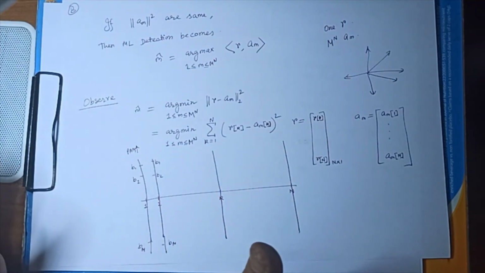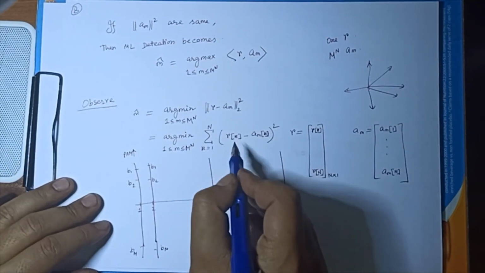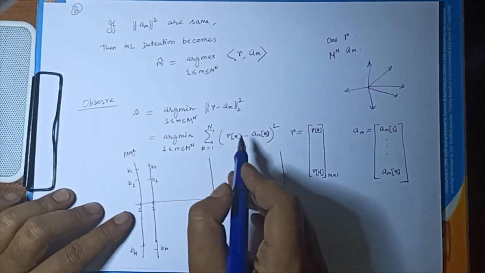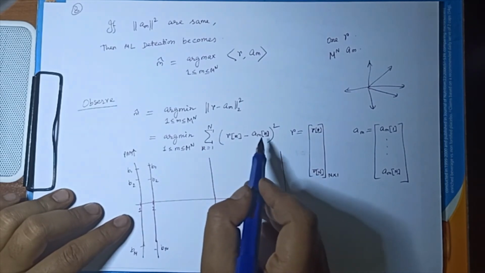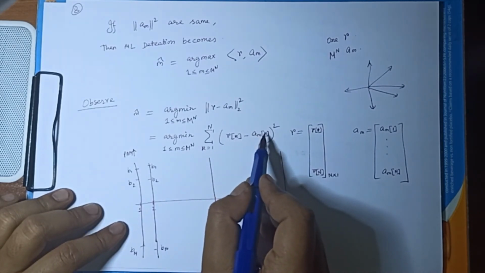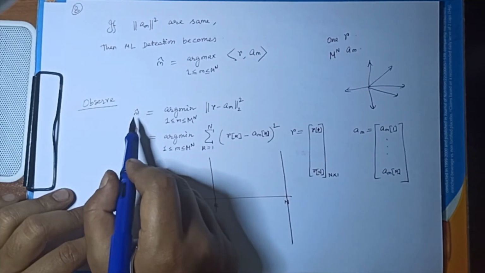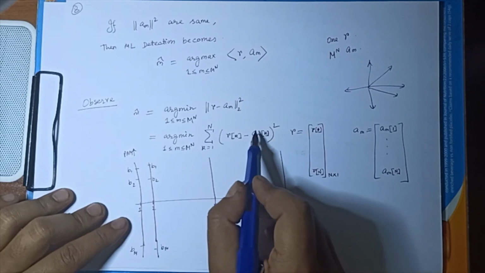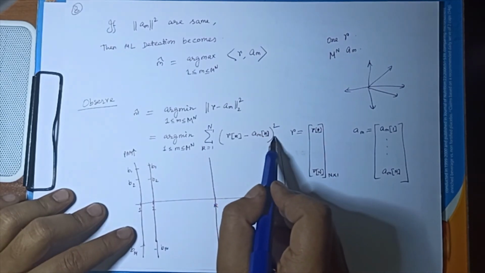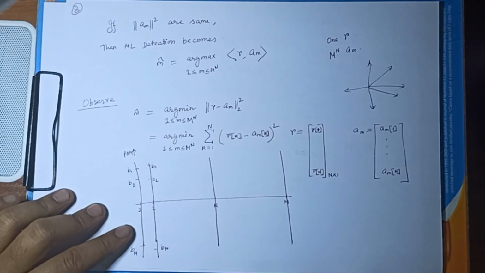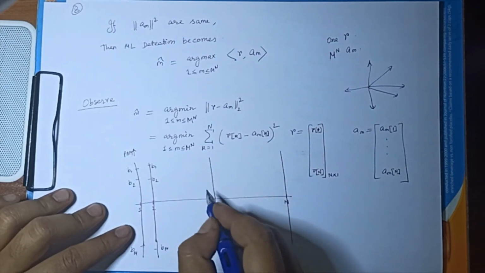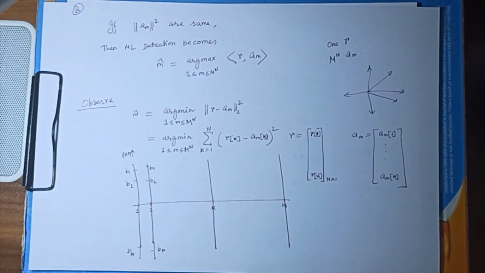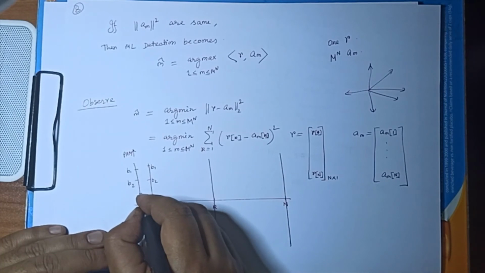Is that argument valid? For every k, from k equal to 0 to k equal to n, the r should be nearest to the chosen one. Whatever be the m hat, at that particular k, the corresponding am hat k should be closest to the received rk. Suppose rk looks like this. Suppose rk is continuous, so it can assume any value.